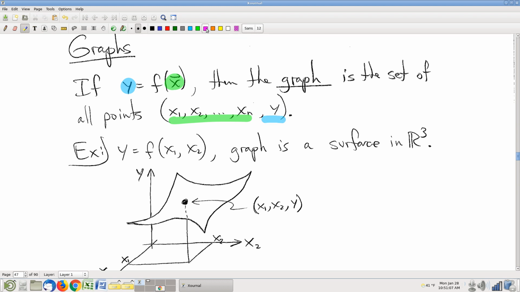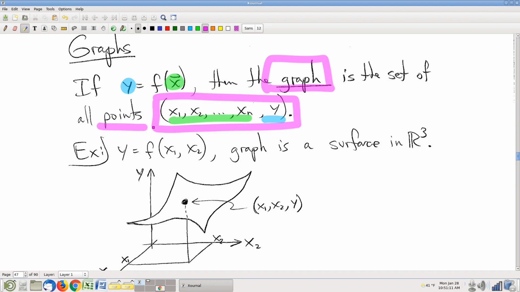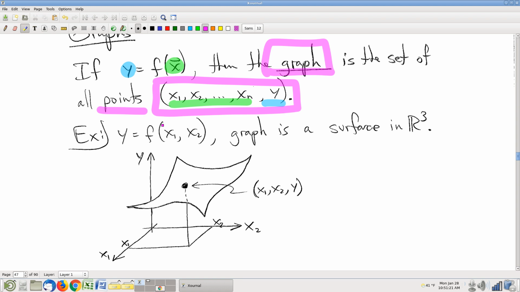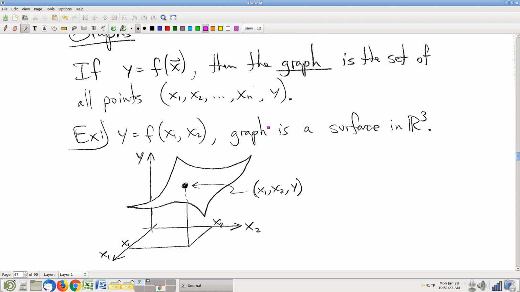The graph is the collection of all of these points formed by concatenating those coordinates like this. So here's an example that I think might be relatable. Let's consider, here we have a function from R2 to R1, 2 inputs, right? 1 output.